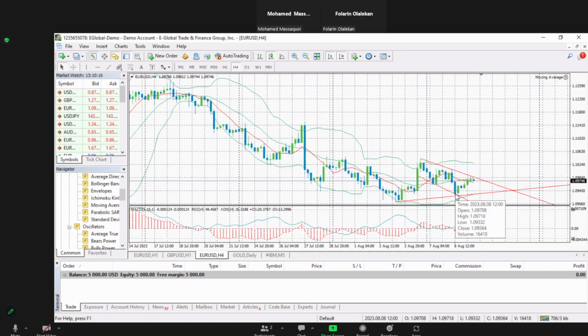That is 36 pips, which is a decent amount of pips.